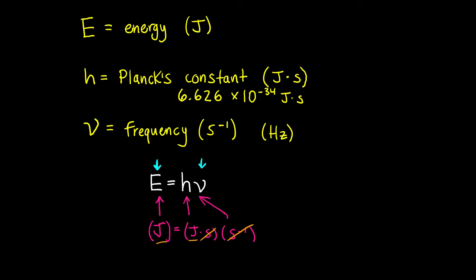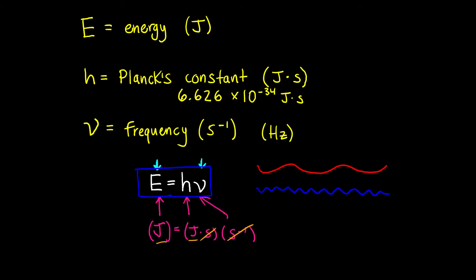Let's take a look again at red light versus blue light. We know already the relationship between wavelength and frequency, but this equation proves the relationship between energy and frequency. Blue light has a smaller wavelength and a higher frequency.